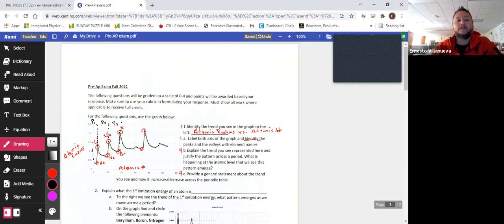From the start of a period to the end of the period, believe it or not, a lot of you said that the atomic radius was increasing. The trend is that the atomic radius decreases from the start of the period to the end of the period. So explain the trend represented here, justify the pattern, and what is happening at the atomic level.